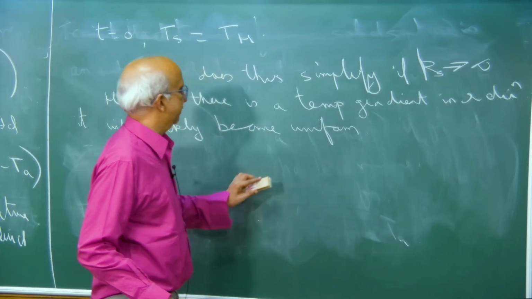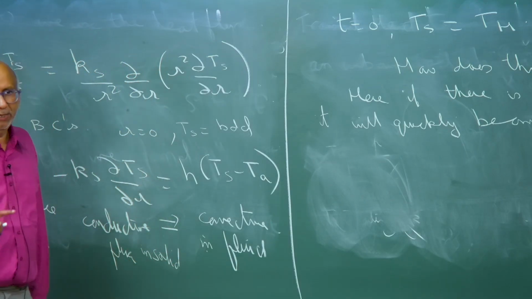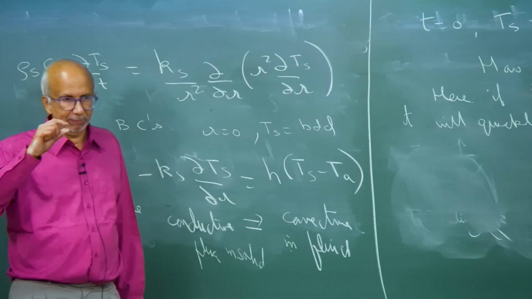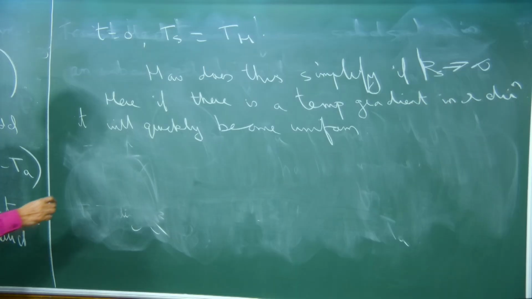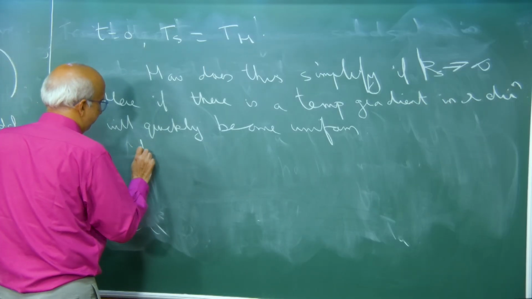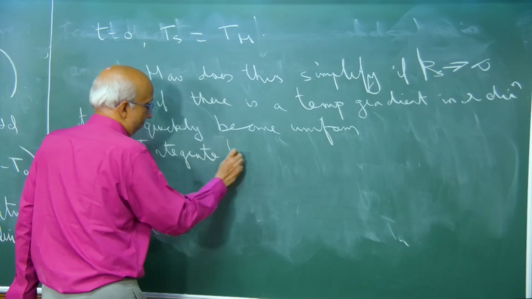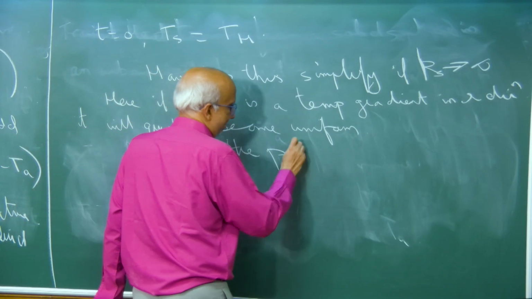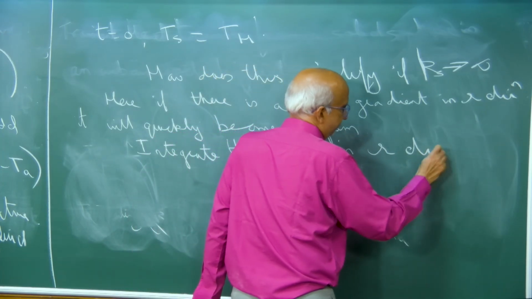What I want to do is take this differential equation and integrate it in the radial direction by considering a spherical annulus. So, integrate the PDE in the radial direction.